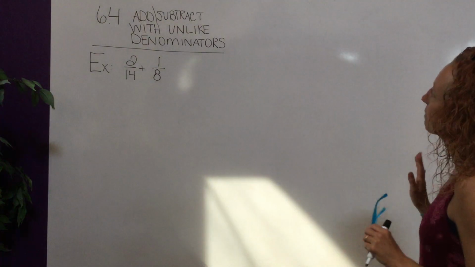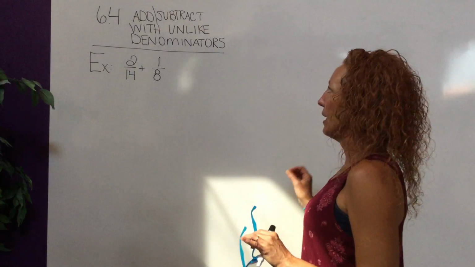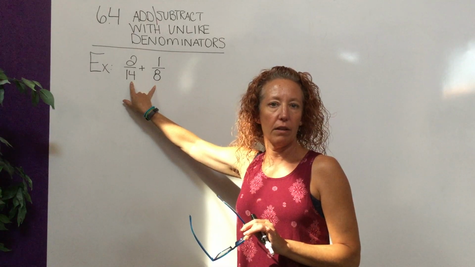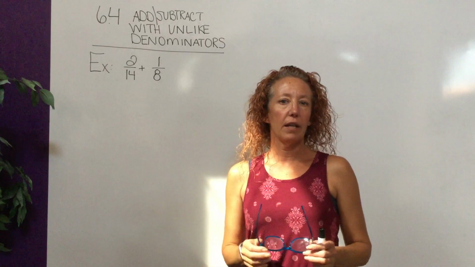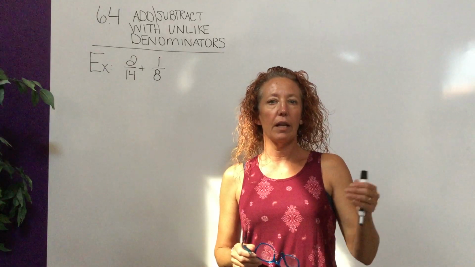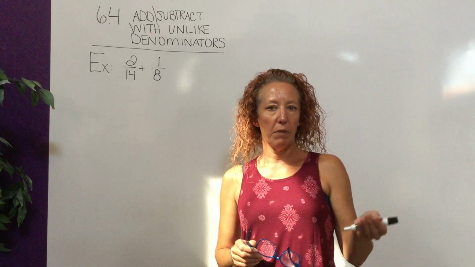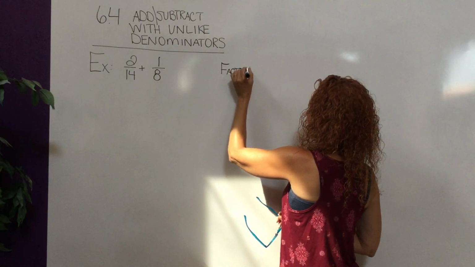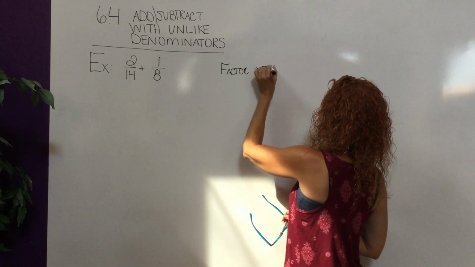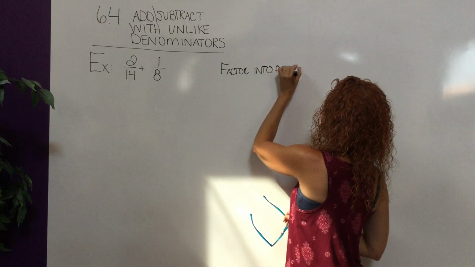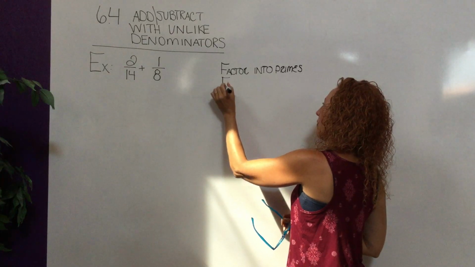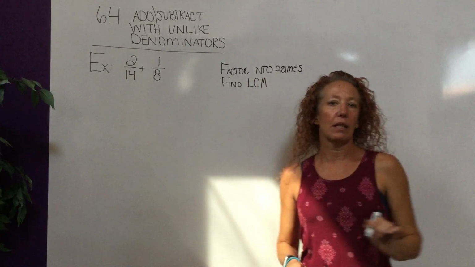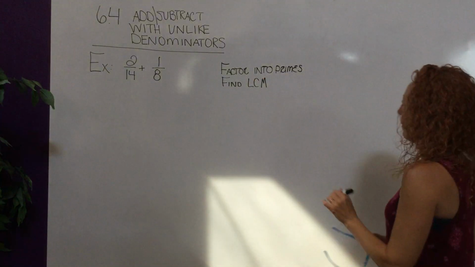We will see. So 6.4 is adding and subtracting with denominators that are not the same. We left off in 6.3 looking at how to find a common denominator. Remember, those steps were to factor each of our denominators into primes, and then find the common denominator, mathematically known as the least common multiple, or LCM.